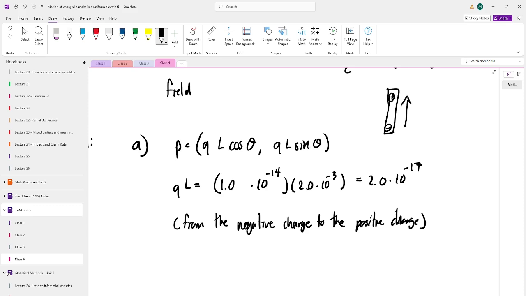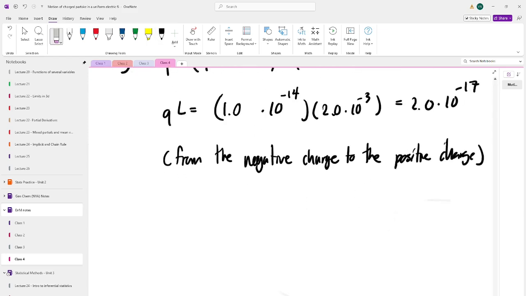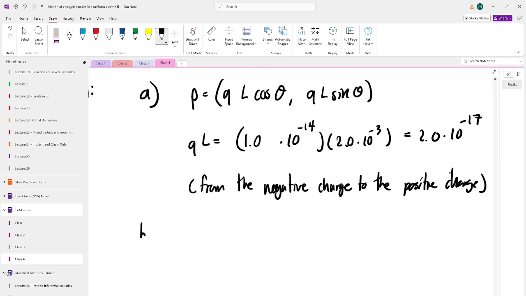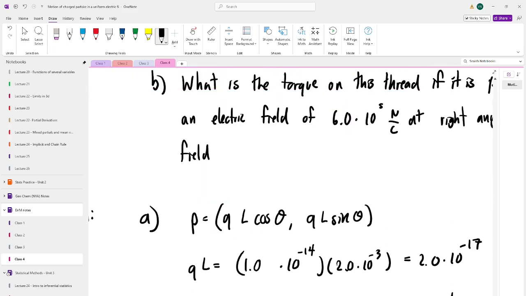So that's the direction of my dipole. It's a lot simpler than the last question, where theta was like that, so our dipole had an angle, and that's why we gave it both an x component and a y component. Here only the y component exists, and the x component is equal to 0.